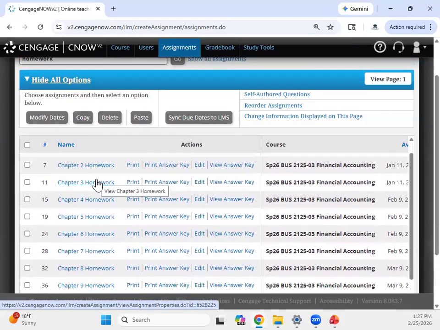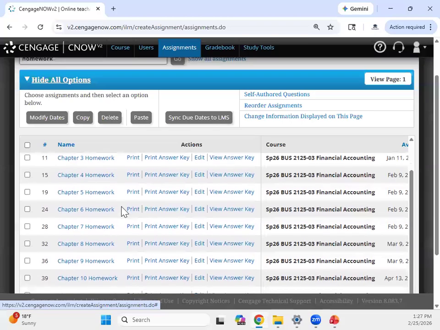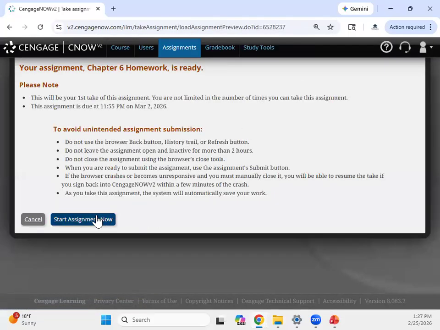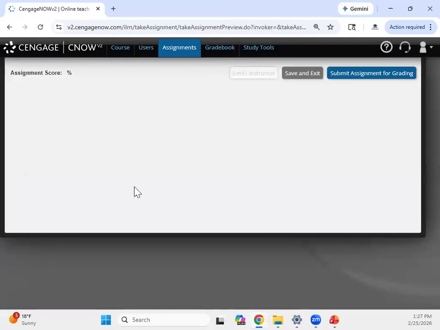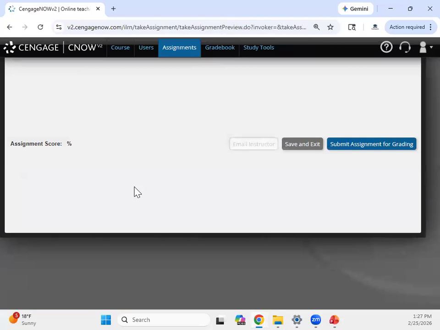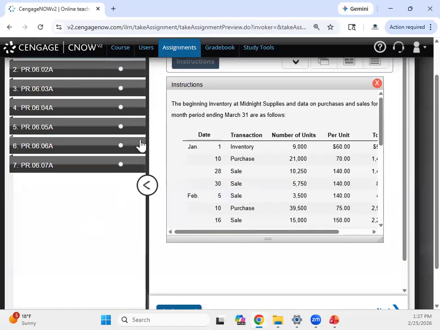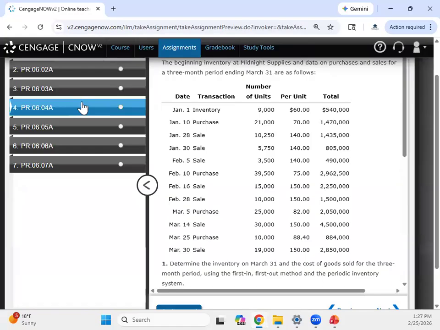LIFO, FIFO, or weighted average cost? I know some of this is not making sense. I know there's a lot to go over here.